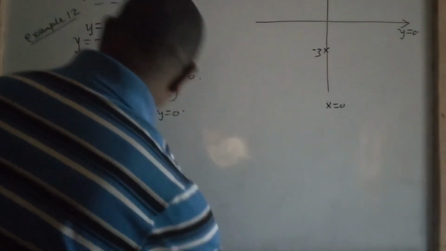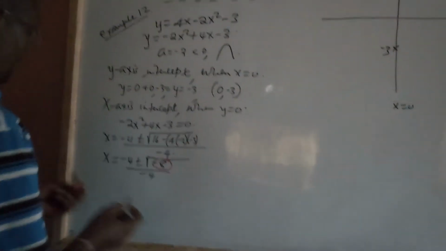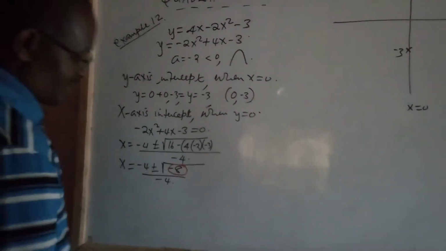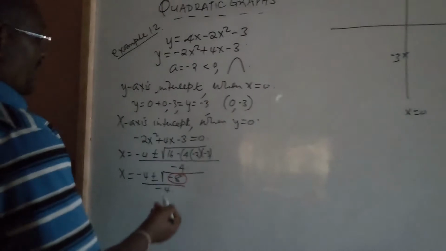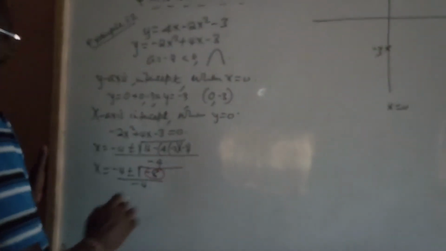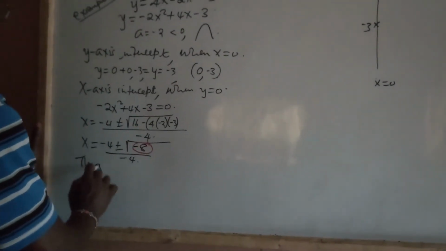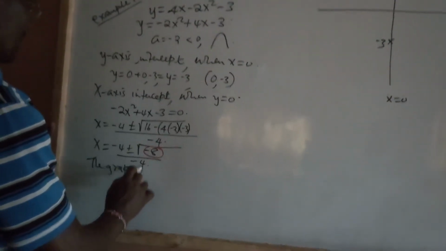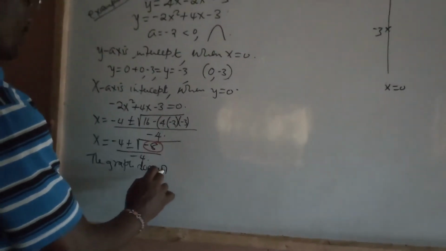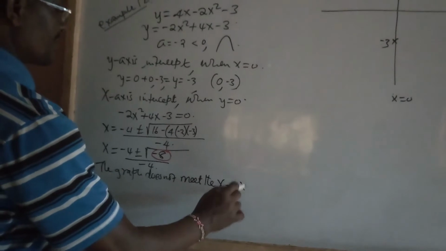Something very important before we go further: it is important to note what is under the root, negative 8. Because we do not have the square root of negative numbers, it means there are no solutions. What does that mean, there are no solutions? That means the graph does not meet the x-axis.